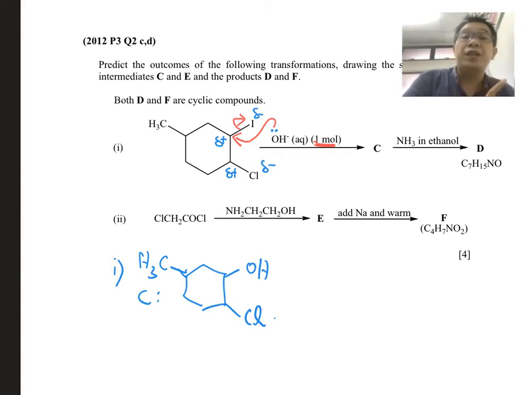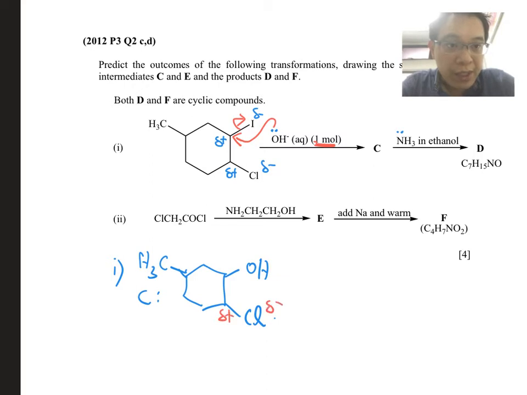Now let's take a look further at the next part. The next part here is focusing on this molecule reacting with NH3 in ethanol. NH3, right? So what I notice is I still have a Cl, and you still have a nucleophile. Can the nucleophile, the lone pair here, let me draw the lone pair here, actually do a nucleophilic attack directly on the carbon here, which is carrying the delta positive and delta negative charge?